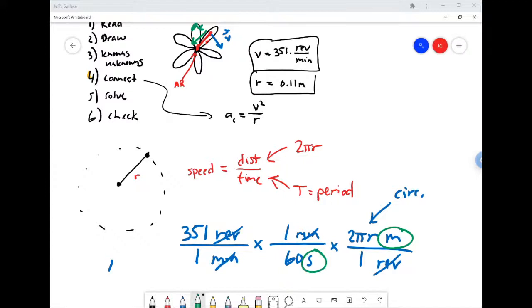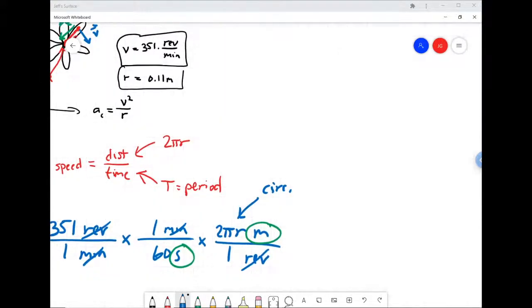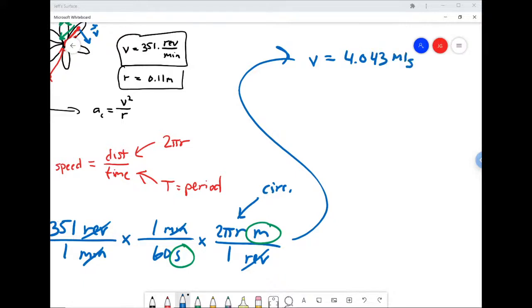Okay, so if I do that conversion, well, we do know r, so we can calculate that. So 351 times 2 times pi times 0.11 meters divided by 60, I get, let's go up here, V equals 4.043 meters per second.